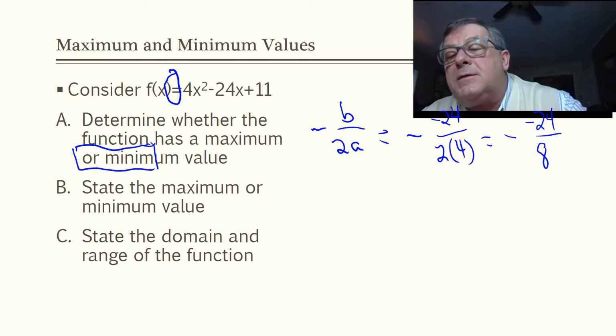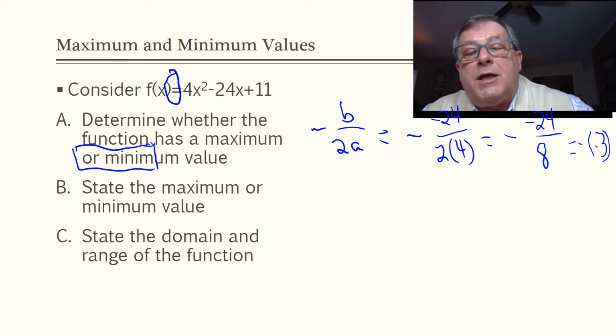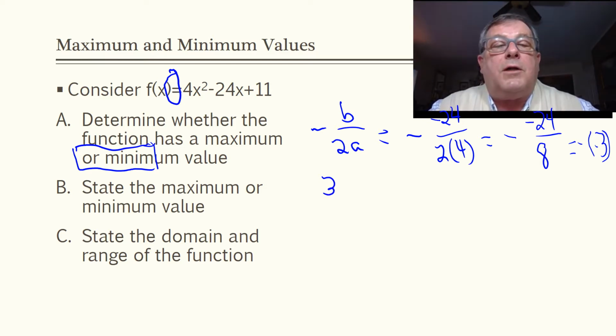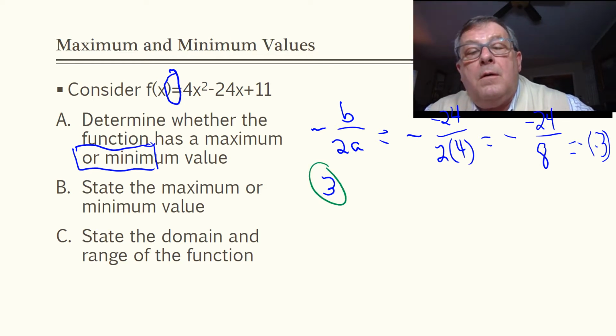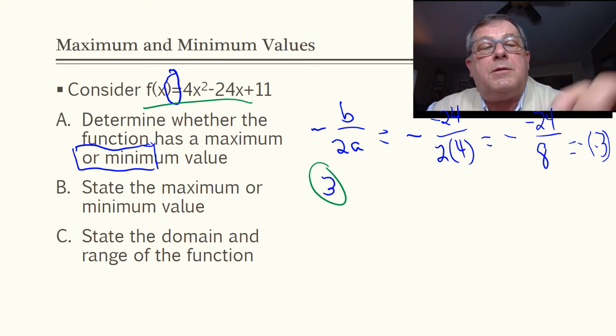So here I got, let's just write it like this, negative 3, which of course my vertex is going to be 3. Now, in order to determine what my y value is there, I'm just going to plug this 3 in to this equation.